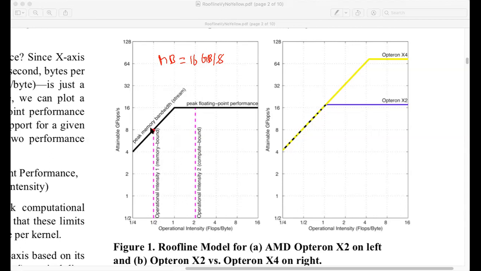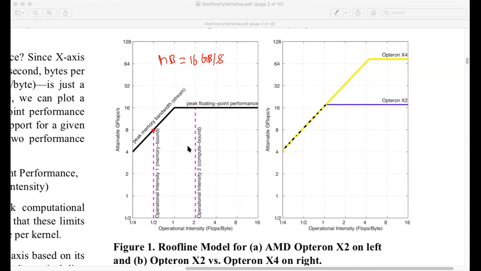So you are not able to realize the peak performance which that processor can give, because the operational intensity is low. The data is streamed at 16 GB per second, but you are only able to get 8 gigaflops per second. In this case, we say that the application is memory bound.